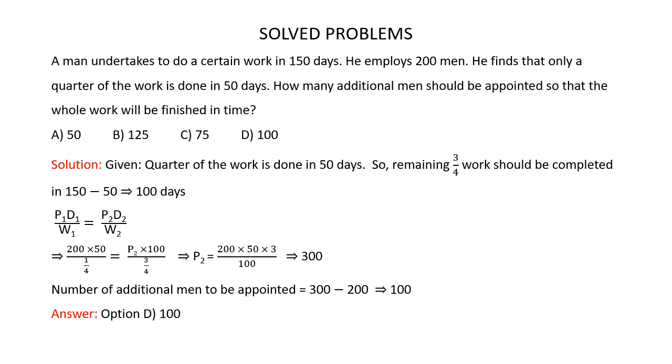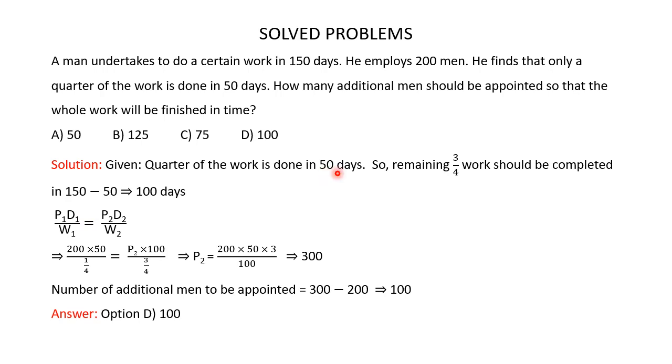Since the amount of work done in both the cases is different, use the formula P1 D1 divided by W1 is equal to P2 D2 divided by W2. Now here P1, the number of men, is 200. D1, the number of days, is 50.